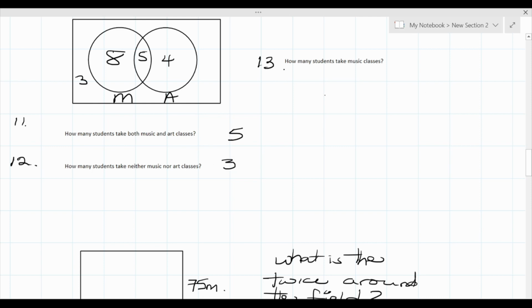How many students take music classes? If this is music, I'm looking for the entire circle that represents music. So I have 8 and 5. 8 plus 5 gives me 13. So 13 students take music. All right. Let's go on now to number 14.